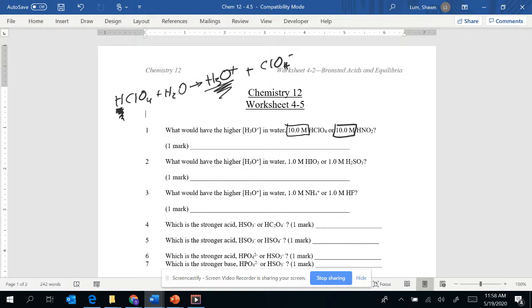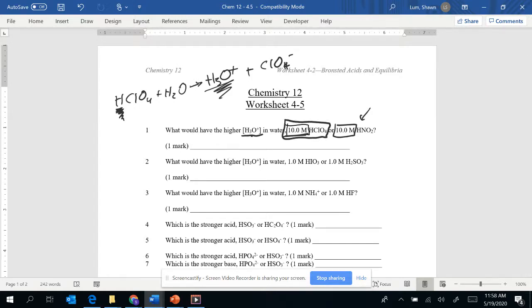So if you had 10 molar HClO4, what would the concentration of H3O plus be? Well, this one would have 10 molar H3O plus. This one would have a very small H3O plus concentration, and we can calculate this, but we'll learn that later. All of this will turn to H3O plus, so it'd just be this one right here.